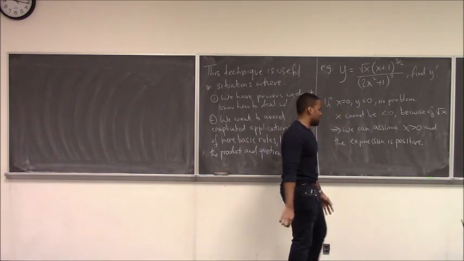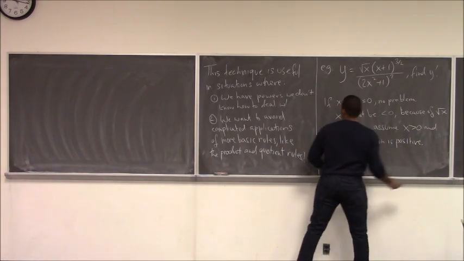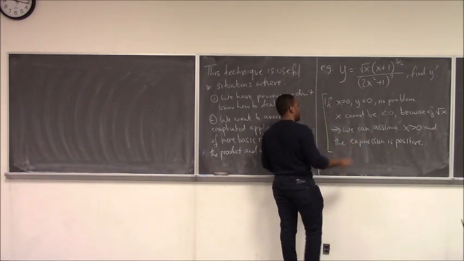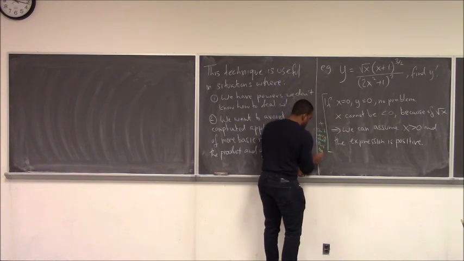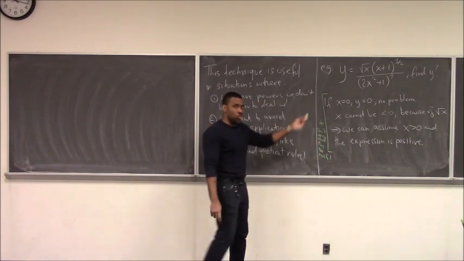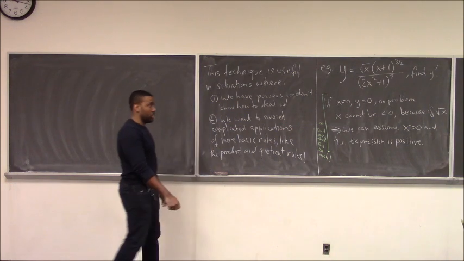I'm really going to do this for emphasis. Usually when you want to apply log differentiation, you won't have to worry about this. When log differentiation applies, you'll know it, because it will be something that you wouldn't really want to do without log differentiation.